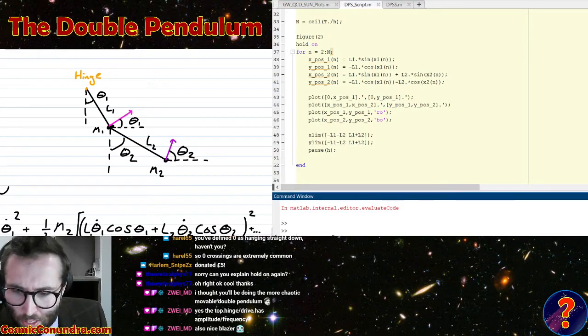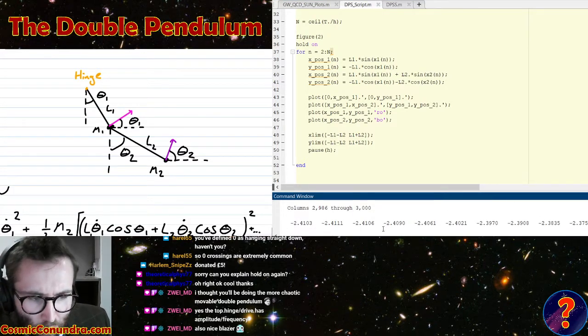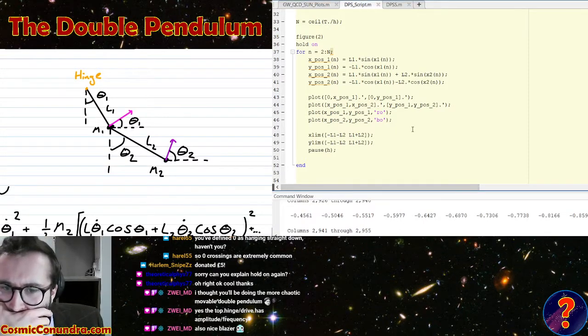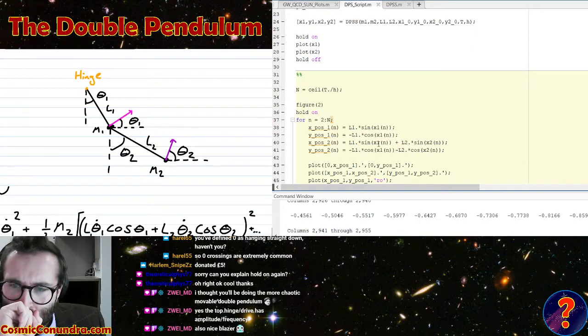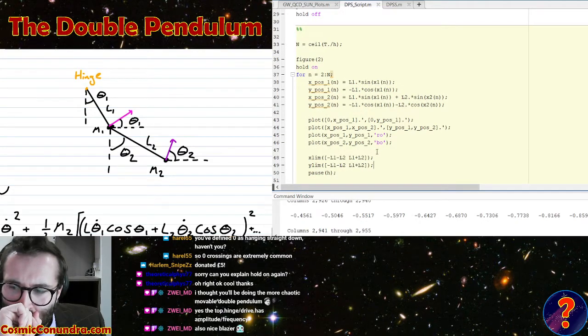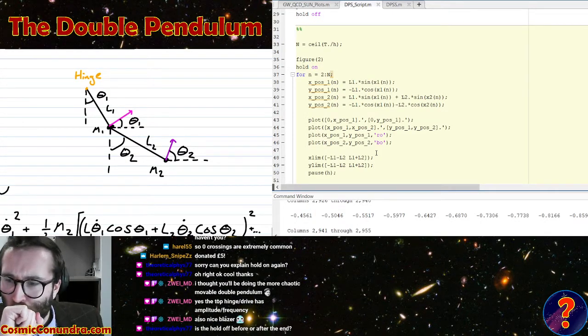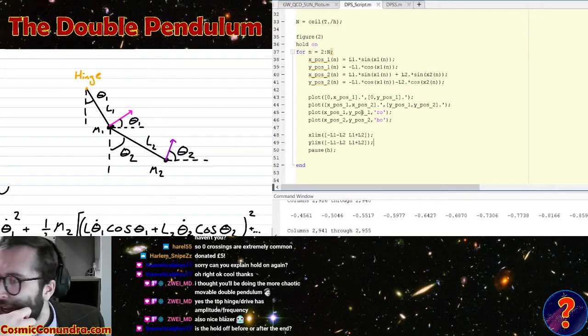Wait, what is x1 defined as? x1 is all of these points. Okay, that's fine. Something has gone wrong here. Is the hold off before or after the end? Well, I've taken the hold off out.